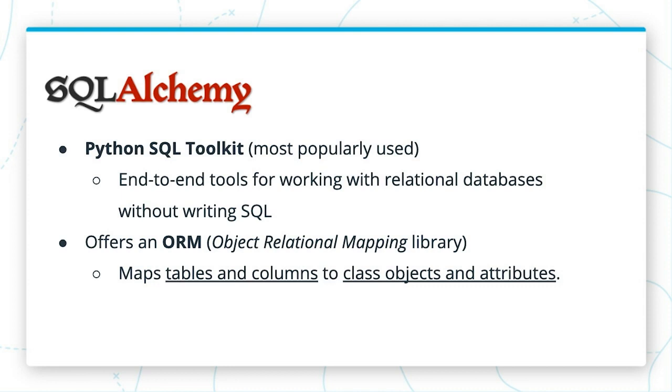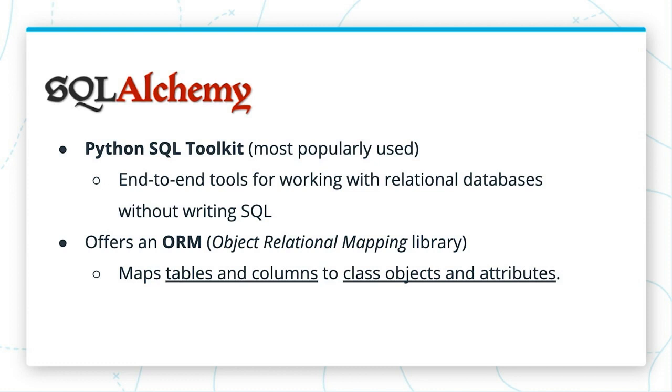One thing about SQLAlchemy is that it offers a type of library called an ORM, which is really popular for interacting with databases from a web app. An ORM is otherwise known as an object-relational mapping library.